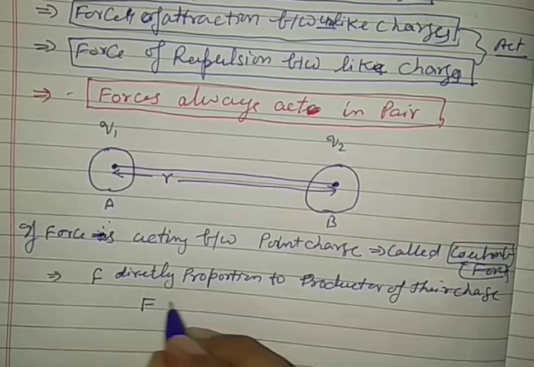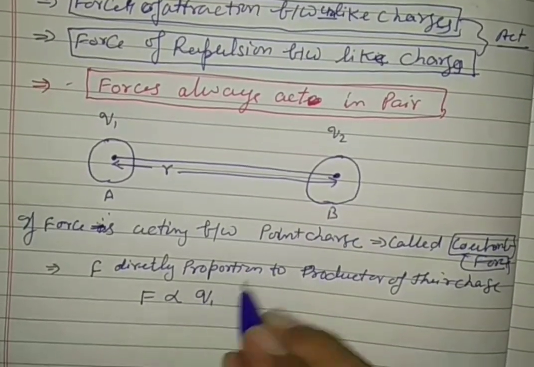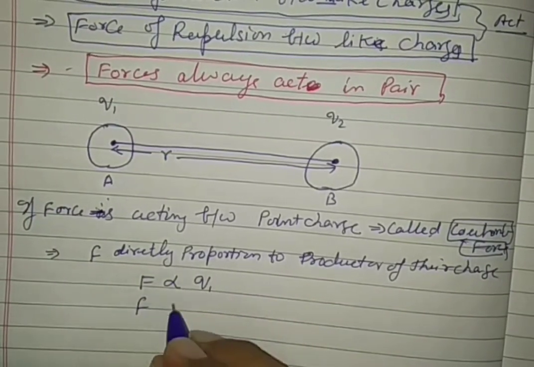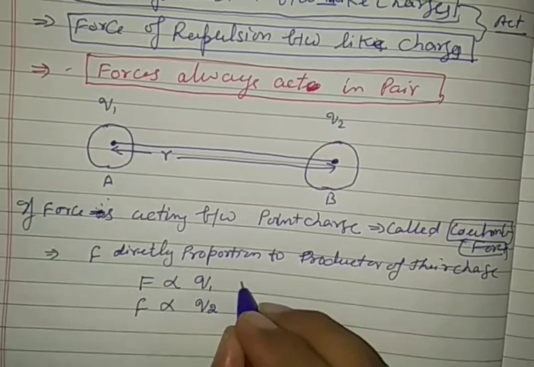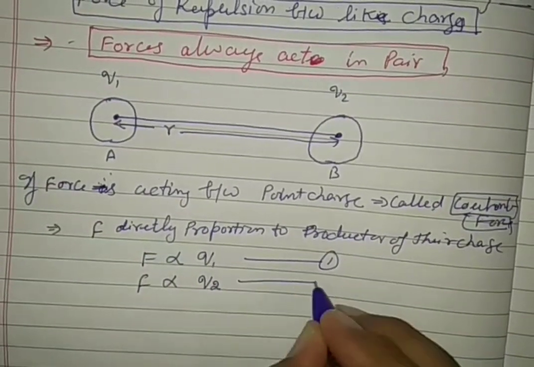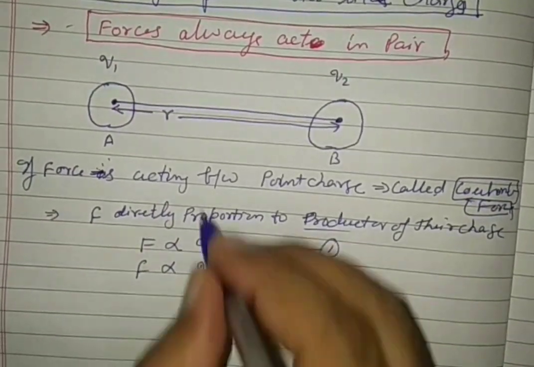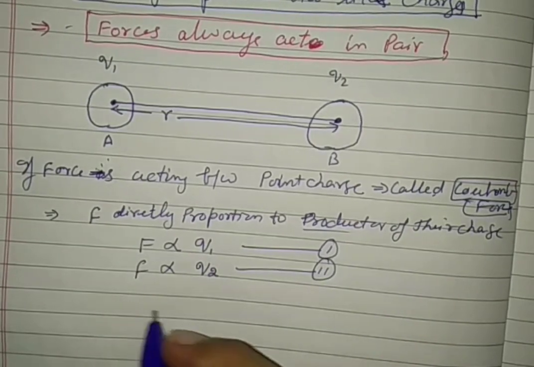So this force is directly proportional to Q1. It means that if the charge is more, the force acting is more. This is also directly proportional to Q2. Equation 1, directly proportional to their charges. We can use a product because when we proceed, it will come in product form.